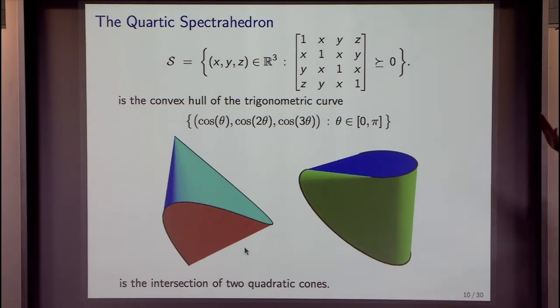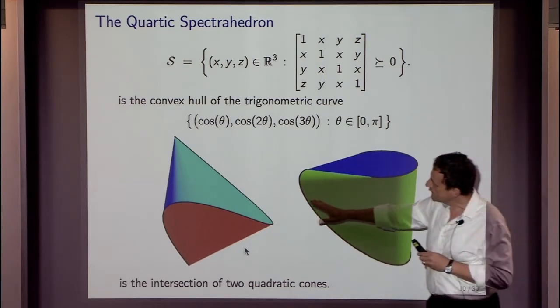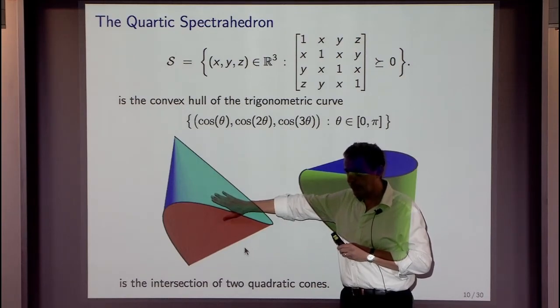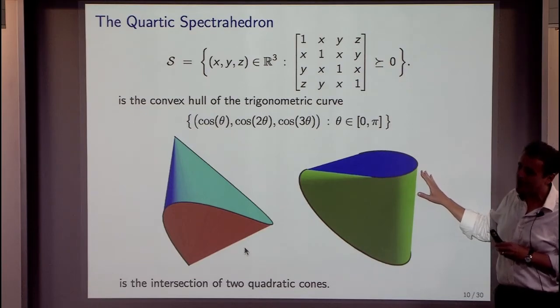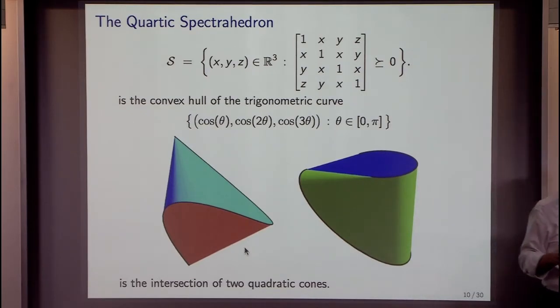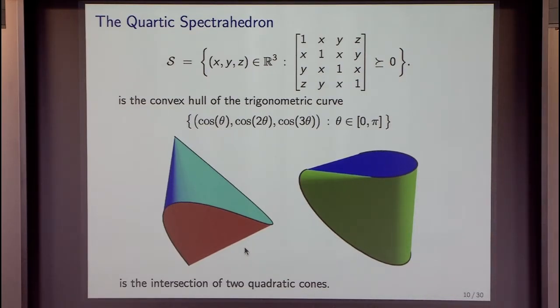But if I take that 10-dimensional cone and I slice it with the 3-dimensional plane, I get this picture. This picture I get by projecting. So the operations of projection and intersection are dual operations, and they do different things. So the family of spectrahedra, unlike polyhedra, is not closed under duality and projection.